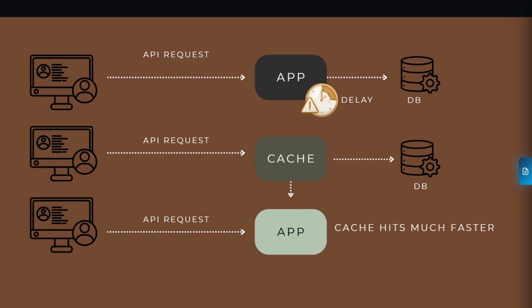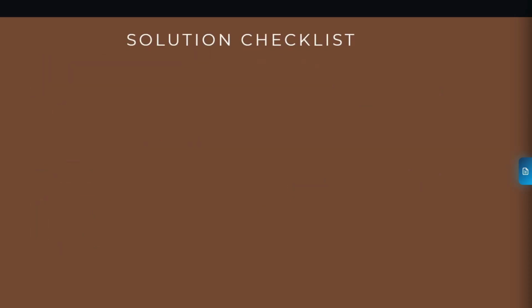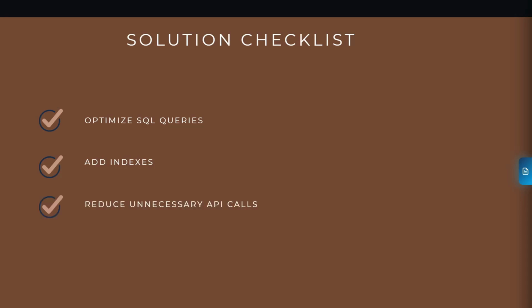If you want to improve your application performance, here is what we should focus on. We have to optimize our DB queries and add proper indexing. Then reduce unnecessary API calls and combine the data whenever possible. Next, tune the connection pool by considering the traffic size and the load.